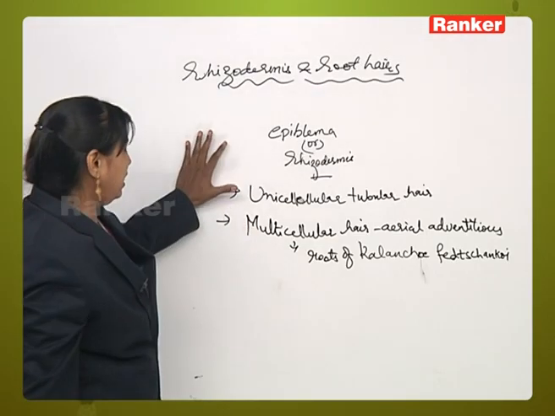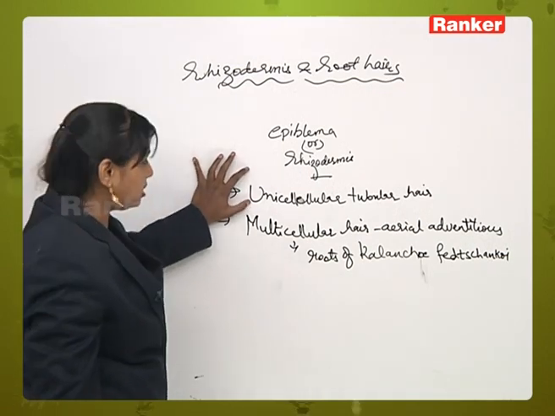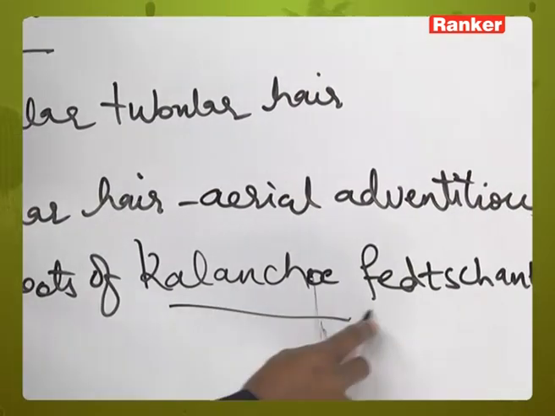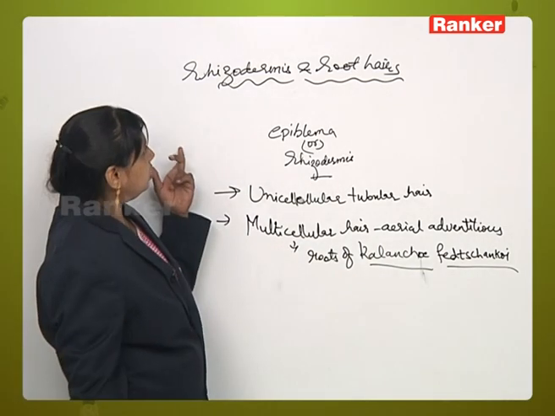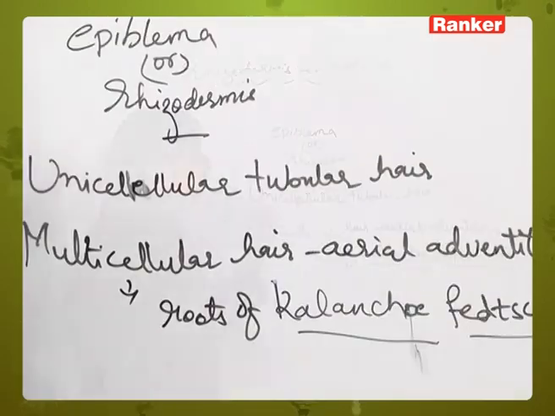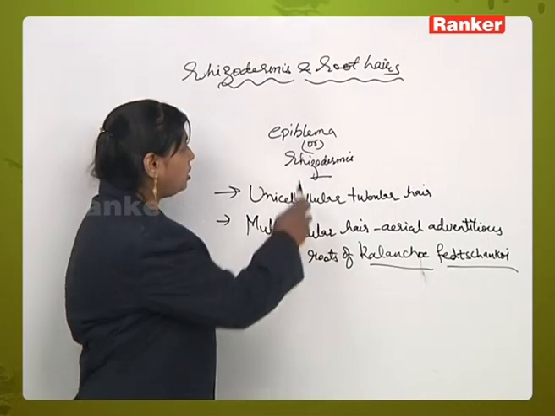Normally in any root or rhizodermis you will see unicellular tubular hair structures, but in special cases like the aerial adventitious roots of Kalanchoe pinnata, the rhizodermis has multicellular hair-like structures. Normally these root hairs arise from near the tip of the root.